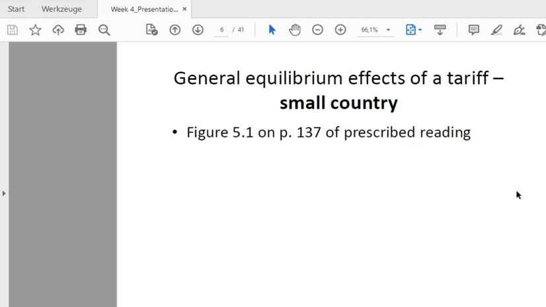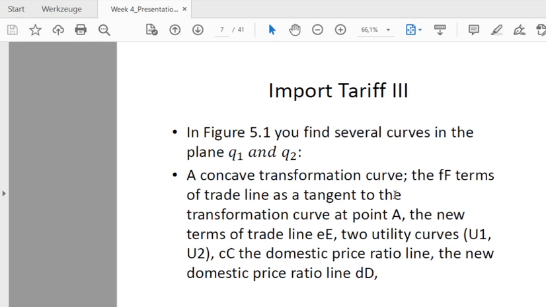We'll now take a look at figure 5.1, which you find on page 137 of the prescribed reading. In this figure, you find several curves in the plane Q1 and Q2. Q1 is on the vertical axis and Q2 on the horizontal axis. You find a concave transformation curve.